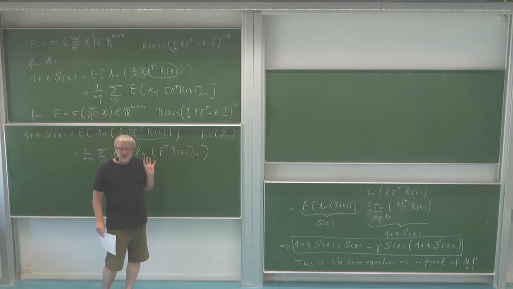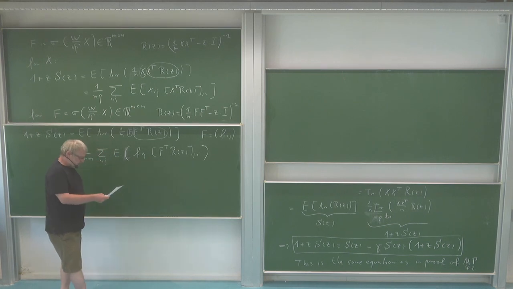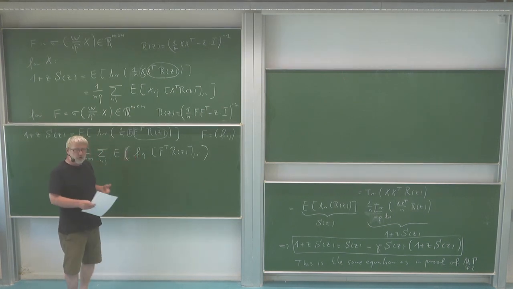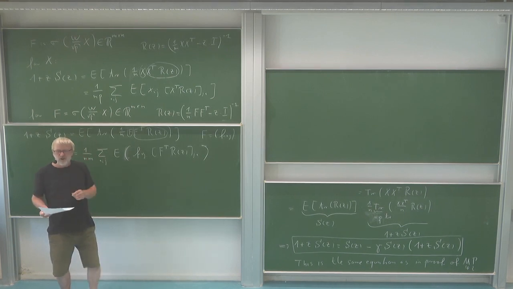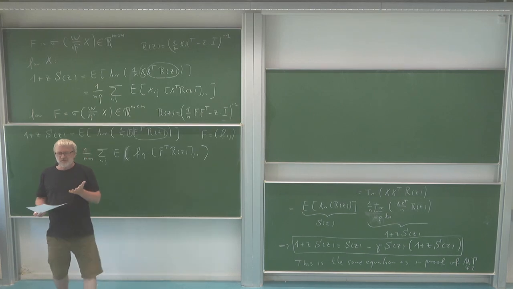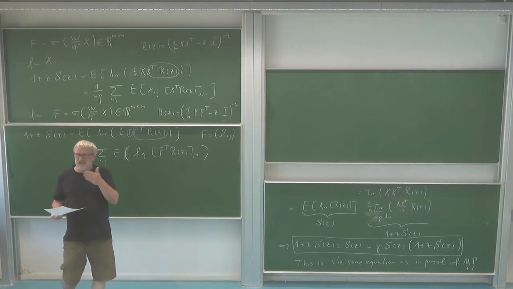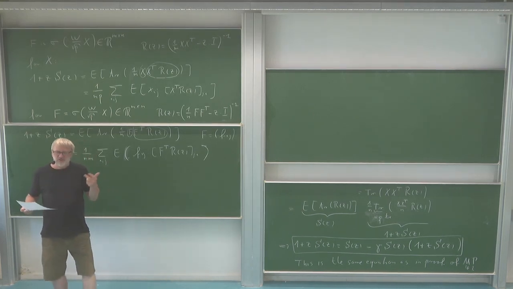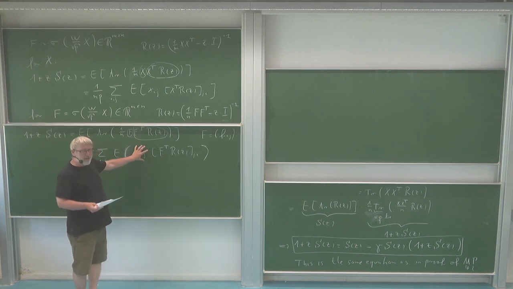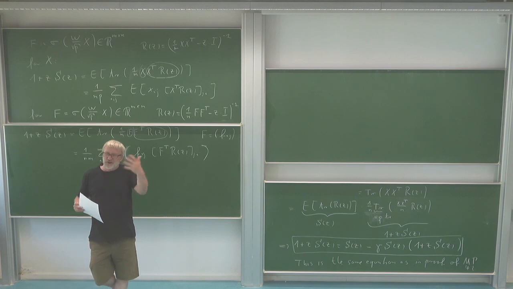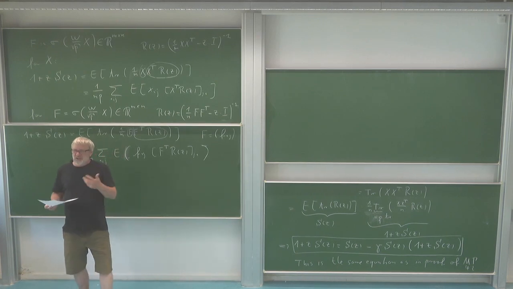And again, I have here, as before, an expectation of an entry of my matrix with a function of all the entries. But now of course the problem is that F_ij is not a Gaussian matrix anymore, and the F_ij's are not independent. I mean, X was a standard Gaussian matrix, so the entries were all independent and all Gaussian, and for this we had this nice Stein's identity, which tells us that if I multiply with one of the variables a function of all the variables, it has the effect of taking the derivative.